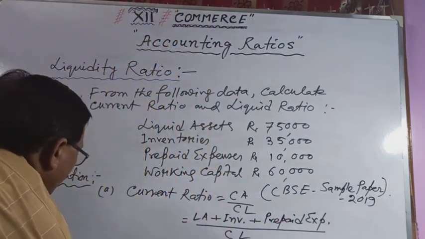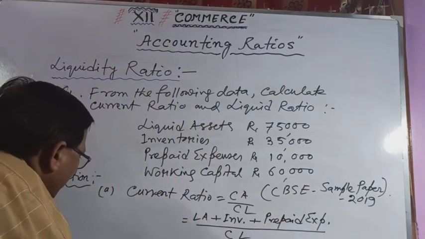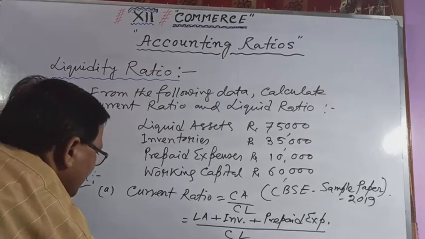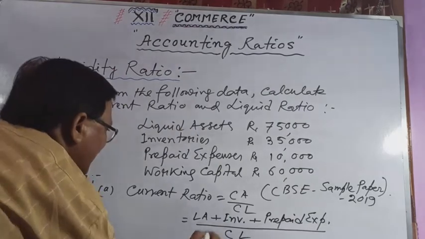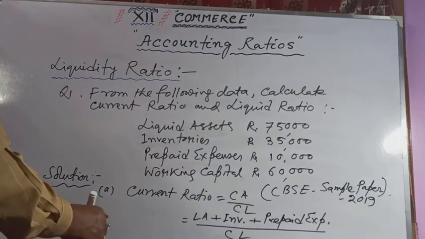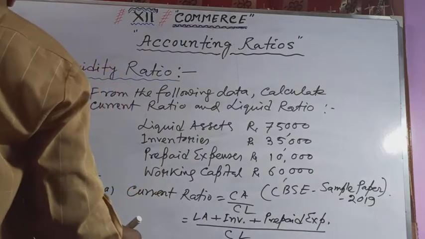That means we know working capital equal to CA minus CL. Then you apply the formula to find current liabilities.